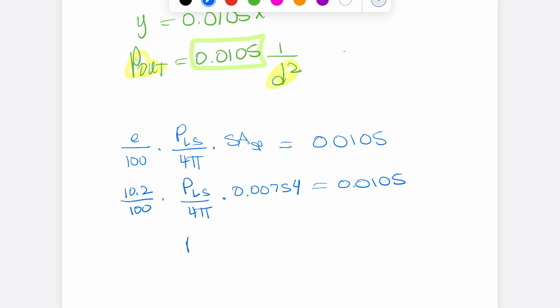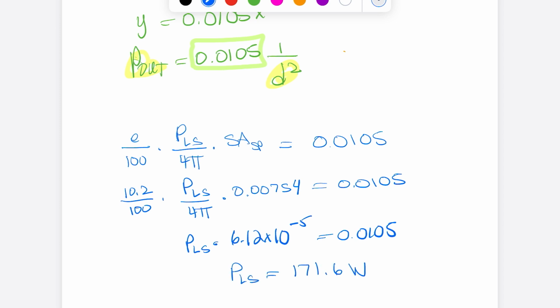So this would be power of light source times 6.12 times 10 to the negative 5 equals 0.0105. So divide 0.0105 by that previous answer, which gives me 171.6 watts. Now, if you look back at my data table, I used a 200. So this is my experimental light source power. My actual power of the light source was 200 watts.